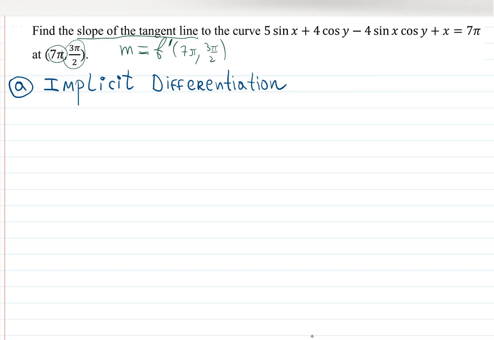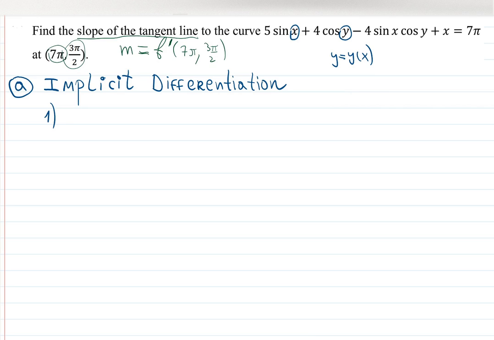I showed steps for the implicit differentiation before, so now I will just briefly mention them and move on. First step is to differentiate both sides, left-hand side and right-hand side, keeping in mind that x is an independent variable and y is a dependent variable and depends on x.